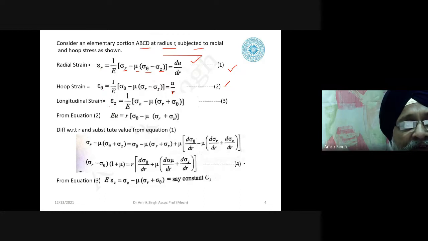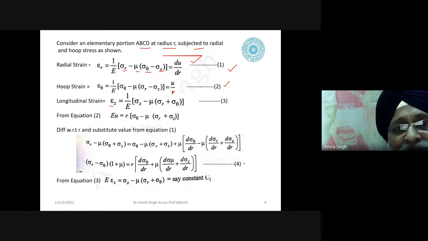Similarly, we can write the expression for the longitudinal strain, epsilon z, equal to sigma z upon E minus mu times sigma r upon E minus sigma theta upon E. From these equations, we can write the second equation.